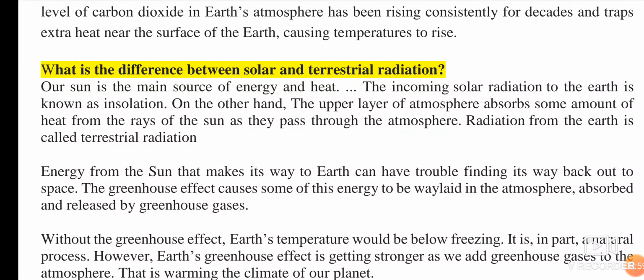Energy from the sun that makes its way to earth can have trouble finding its way back out to space. The greenhouse effect causes some of this energy to be waylaid in the atmosphere, absorbed and released by greenhouse gases.